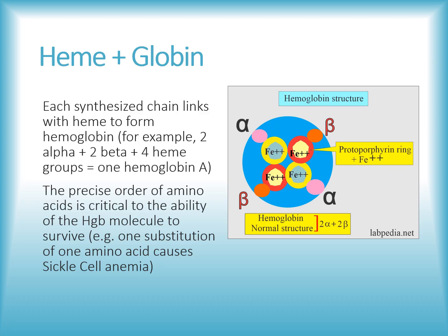So we might have a substitution in one of our globin chains, and we are going to end up with something that could cause, for example, sickle cell anemia, and that is based on one tiny amino acid substitution within that globin chain. We're going to talk more about our hemoglobinopathies later on, but just know that any one substitution is going to change the shape and the function of that protein.